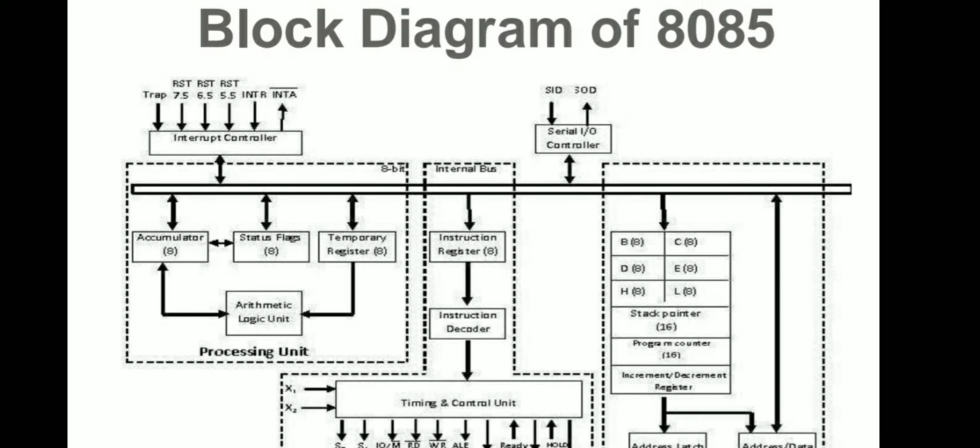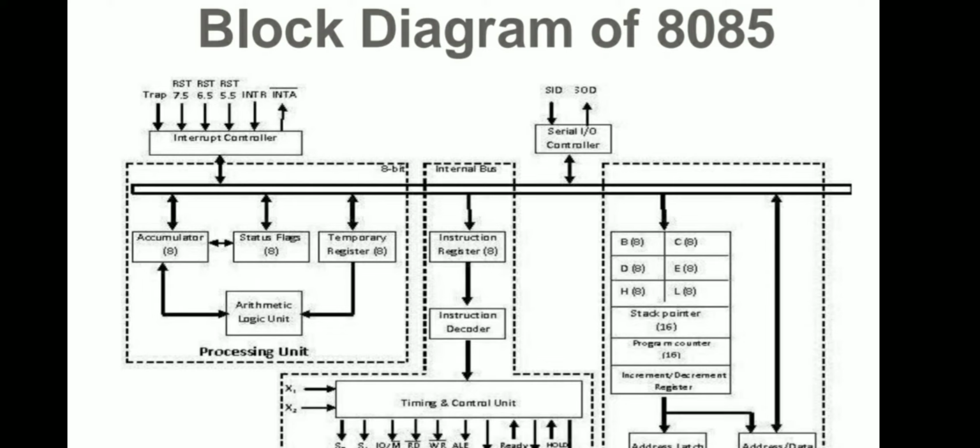Next one is the interrupt controller. If the microprocessor is performing an operation and someone wants to interrupt it, the interrupt controller is used. There are two signals, interrupt request and interrupt acknowledgement.